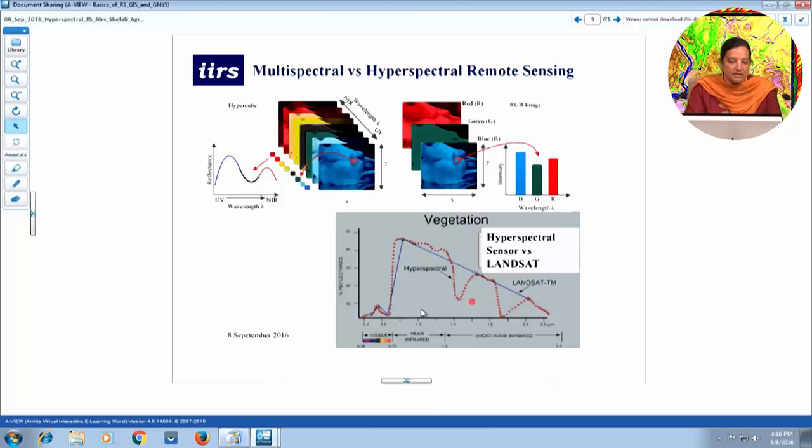Again, if you look here, this is the difference between multispectral and hyperspectral. That means spectral resolution is higher in hyperspectral, that is, narrower band observations. If I look at the observation from a hyperspectral sensor, I can reconstruct my feature. The reflectance curve is very similar to the one you read in your literature.